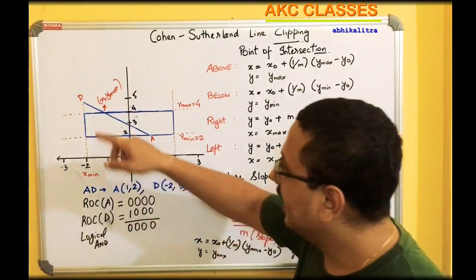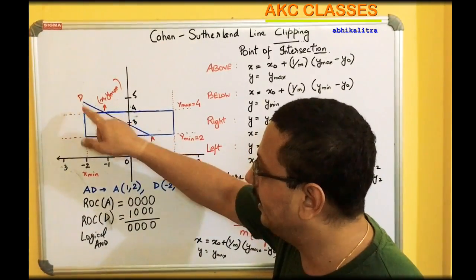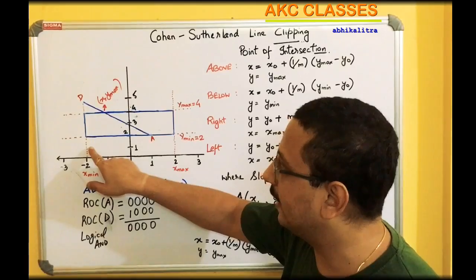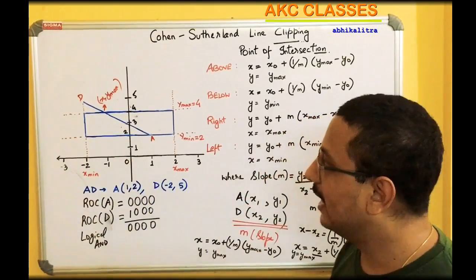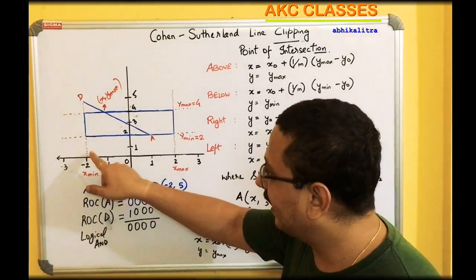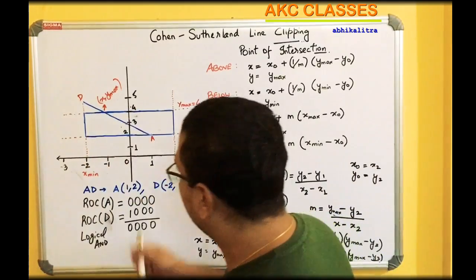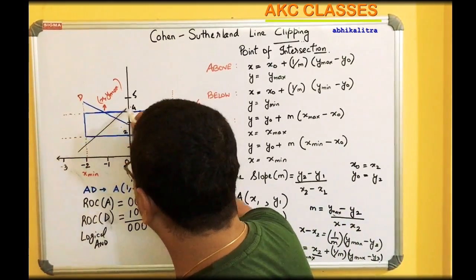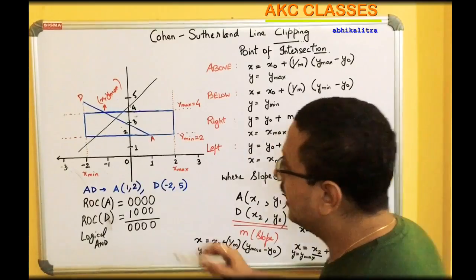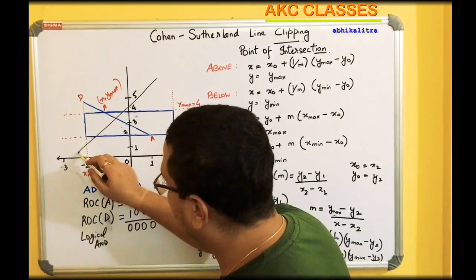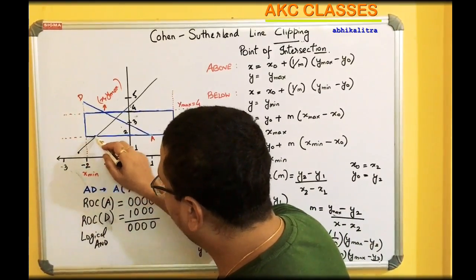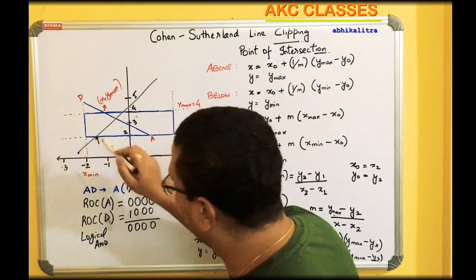In a similar way, if this particular point was not here, but outside the rectangular boundary below y min, and the line was in this fashion, then if this is outside the rectangular boundary, we know that we have to trim this off to this particular coordinate location.